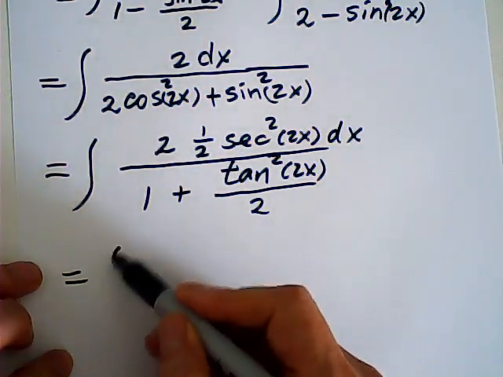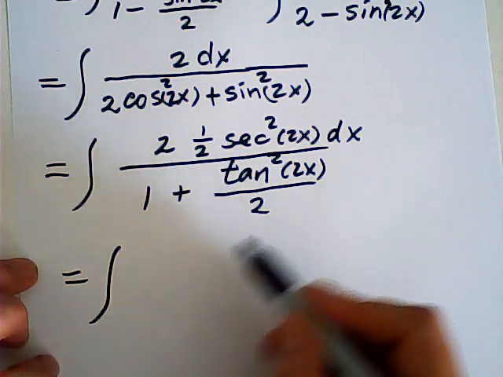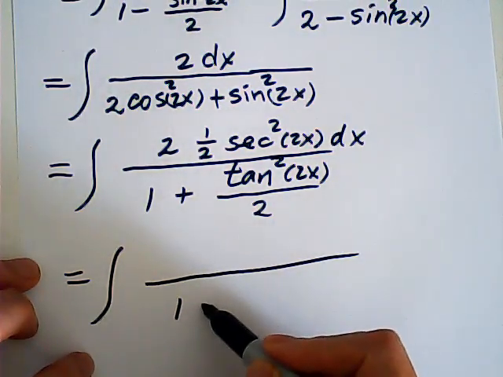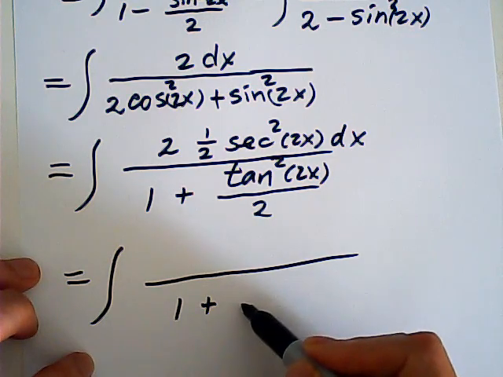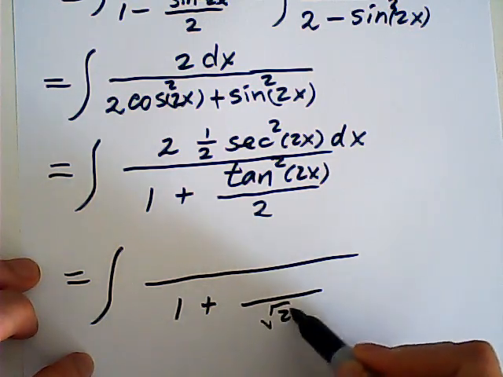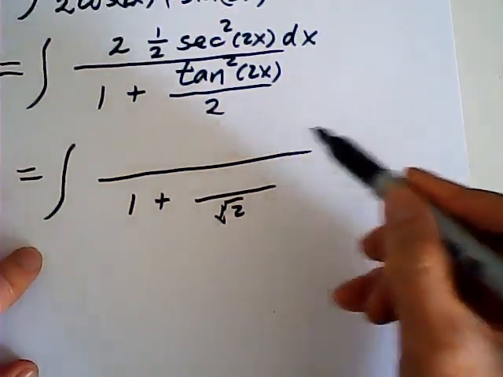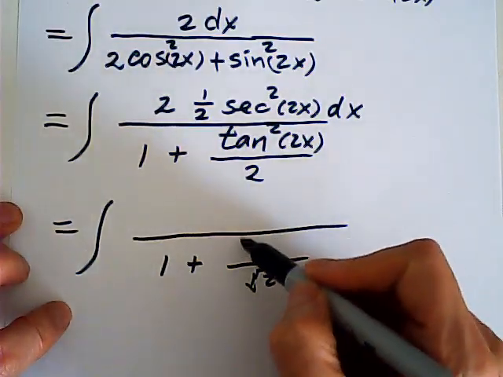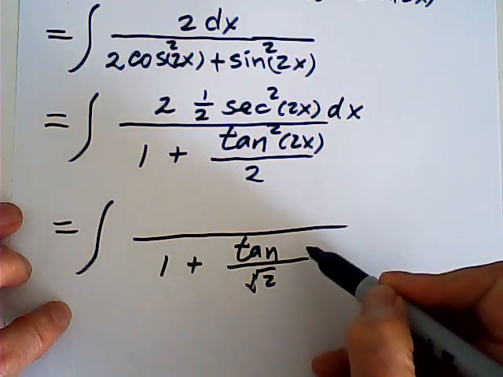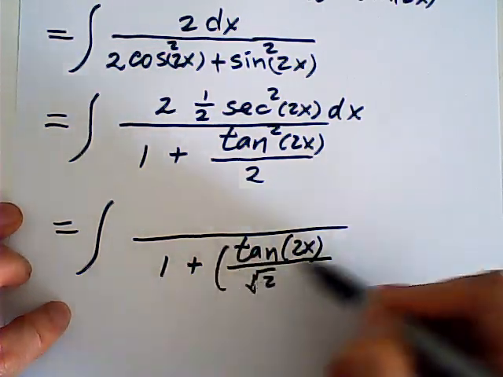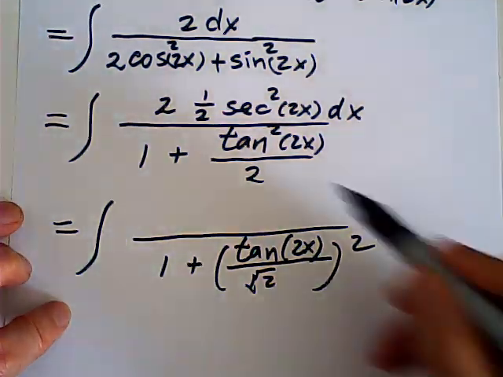And this one is equal to, the 2 cancel out, right? This is equal to 1 plus square root 2 tangent 2x all together squared. That is this.